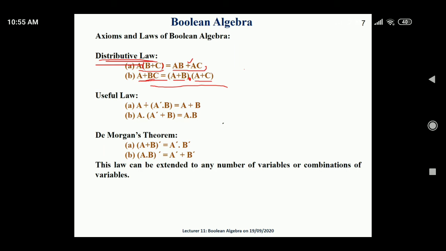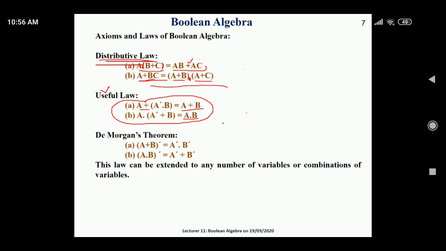These rules we generally do not use, but in many cases they are required, so it is called a useful law. You may not identify it from the book, but it is actually a useful law. A plus A bar B, we can write as A plus B. And A into A bar plus B, we can write as A into B. How do we get this?